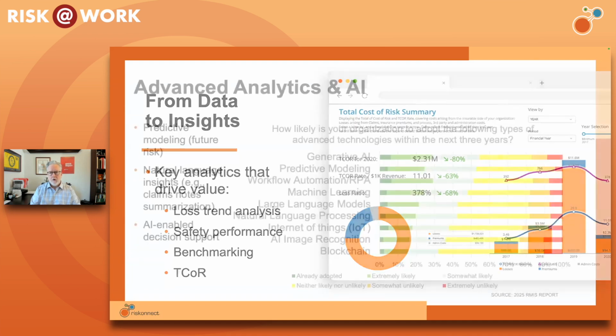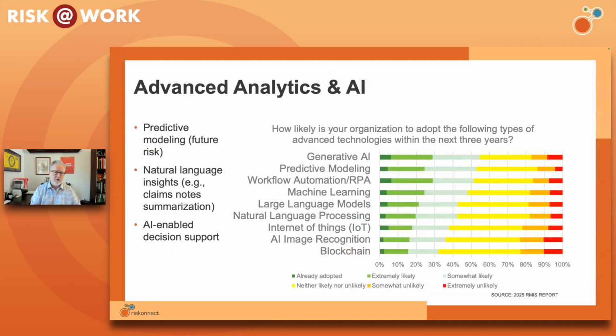Right. So let's talk about some of those just briefly. Here's another chart from our RMIS report. If you're sitting there thinking, and I have this question a lot, that I'm not really doing a lot right now with some of these more advanced capabilities, AI, you wouldn't be surprised. You're not alone.